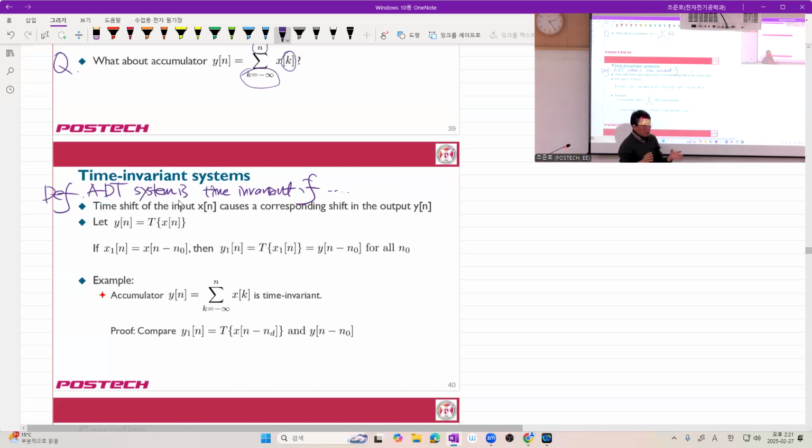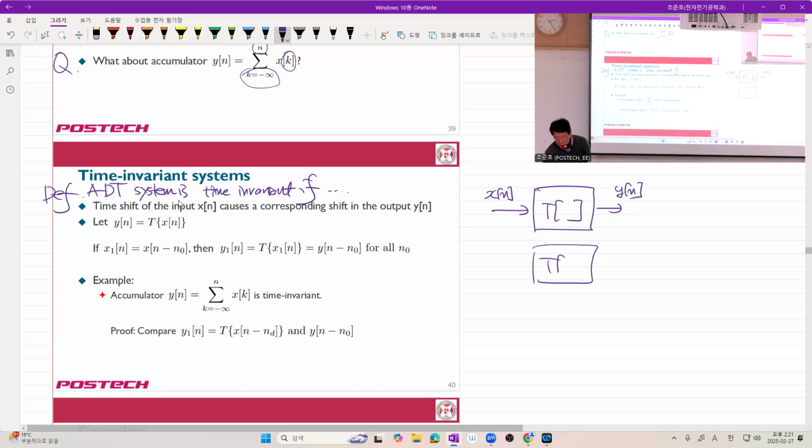So time invariance means that your choice of time origin doesn't change the property of the system. So simply, it says, suppose here is your mapping rule named T, and here goes the input x, and you have the output.